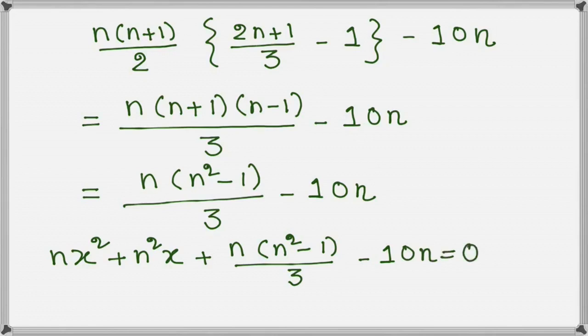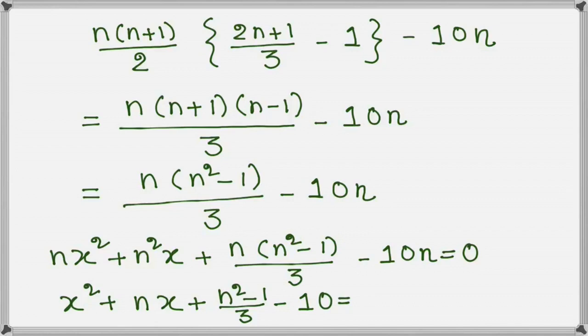As n is a positive integer, we have n is not equal to 0, so we can cancel n from this equation, and we have x square plus nx plus n square minus 1 divided by 3 minus 10 is equal to 0.